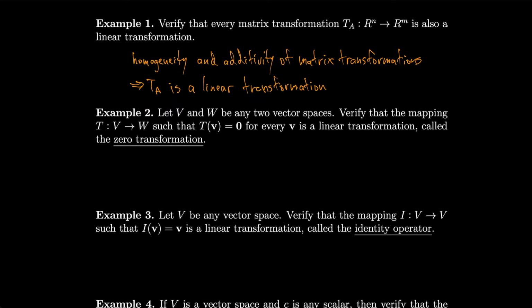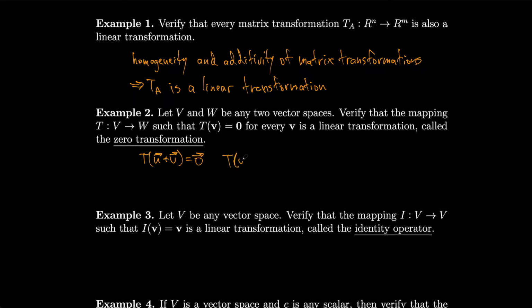Let's look at example 2. Let V and W be any two vector spaces. Let's verify that the mapping T from V to W such that T of v is equal to 0 for every v is a linear transformation called the 0 transformation. So this is the transformation that just takes any vector and makes it into 0. So let's look at T of u plus v. That's equal to the 0 vector.